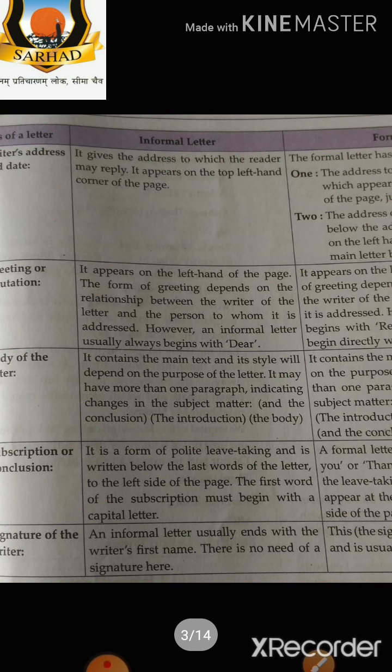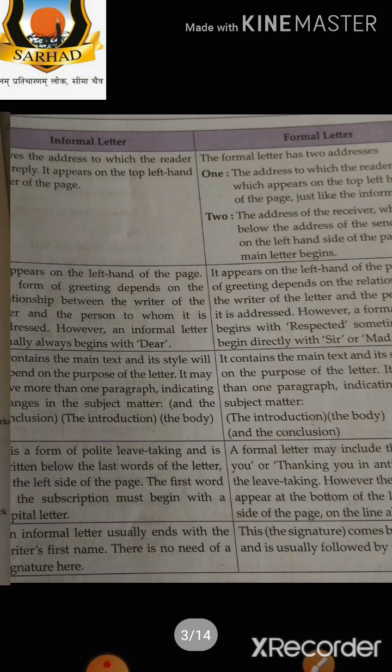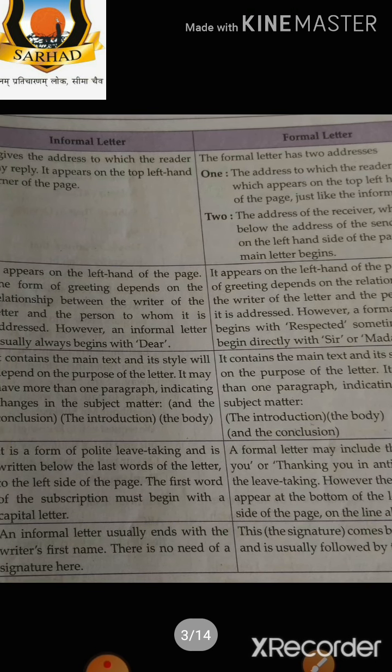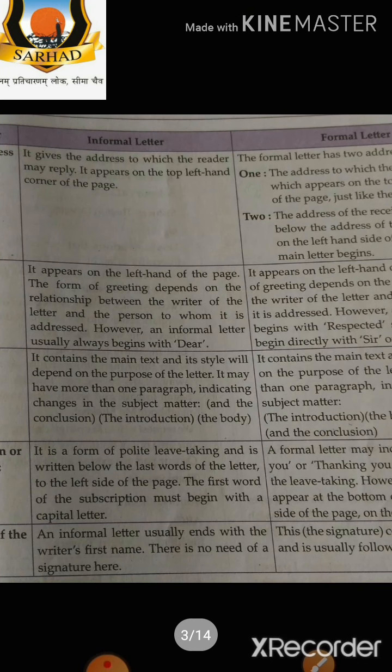Next, body of the letter. First of all, the body of an informal letter contains the main text and its style will depend on the purpose of the letter. It may have more than one paragraph according to the subject matter.